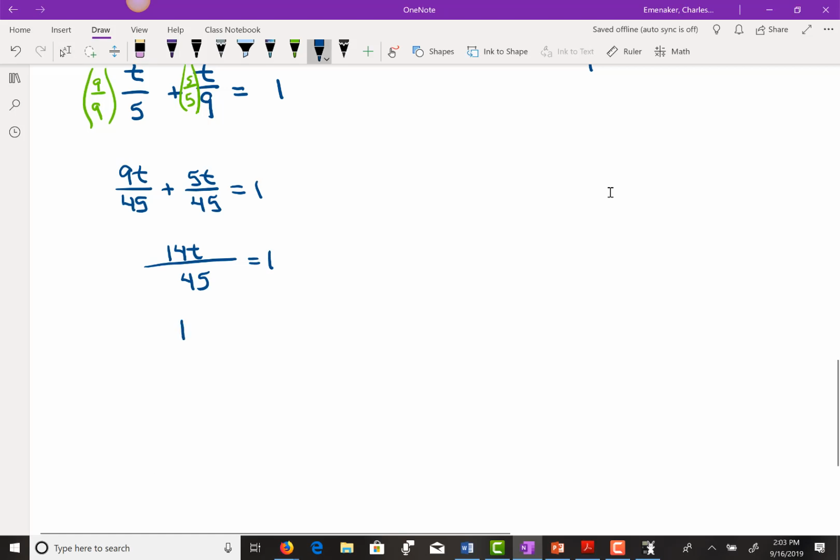We can multiply by the 45, and that gives 14t equals 45. Then we divide by the 14, and that'll give us 45 over 14. Now, if we're talking about time and hours, would it make sense to convert this back to a decimal or leave it as a fraction?